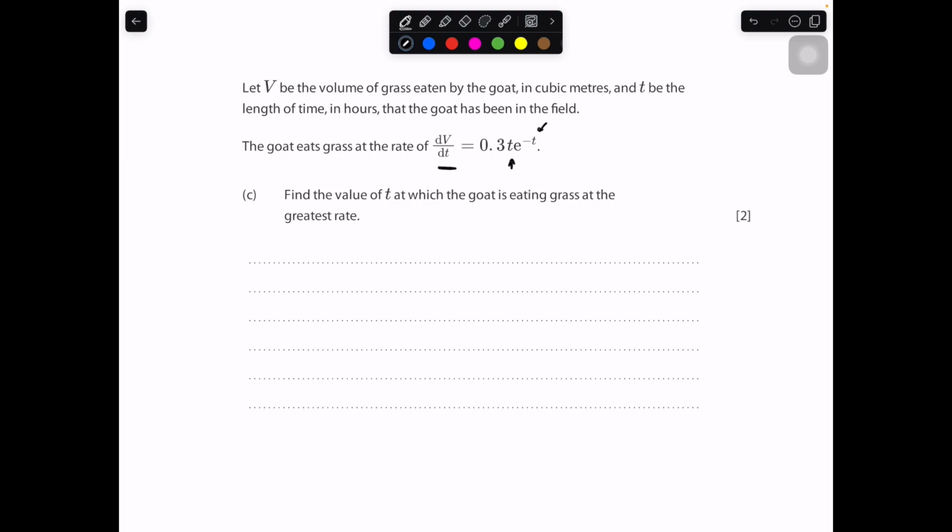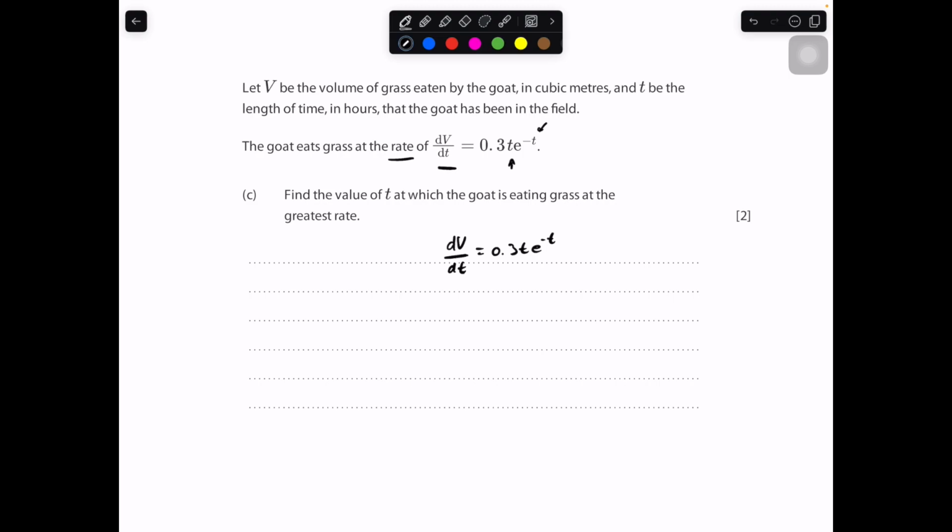So this is the rate at which the goat eats grass, and we want to find the value of t at which it is greatest. This is the end of a paper too, so it's very, very challenging. This is the rate at which a goat is eating grass. T e to the negative t.